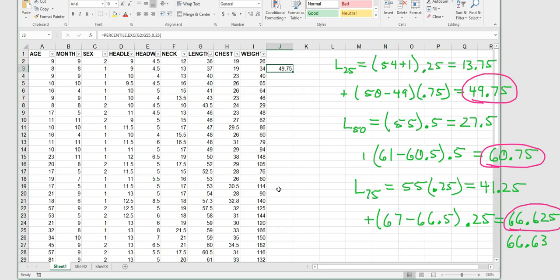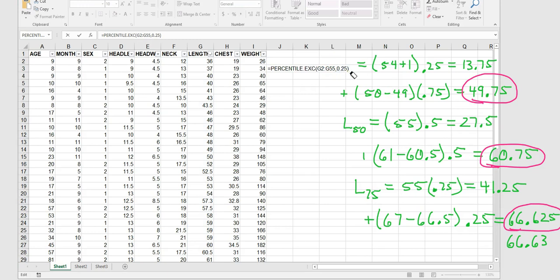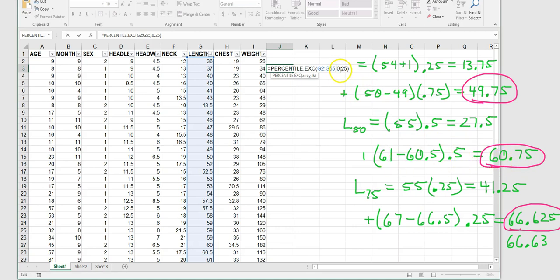Then if we want, we could go back up and change that number. If we wanted the 50th percentile, we could change the 0.25. Let's just do it down here.